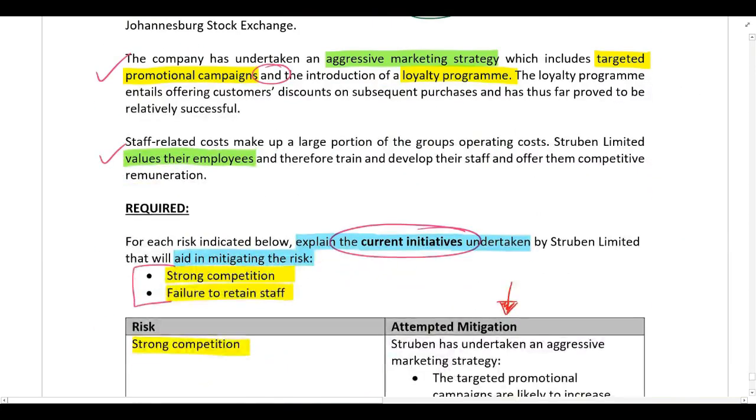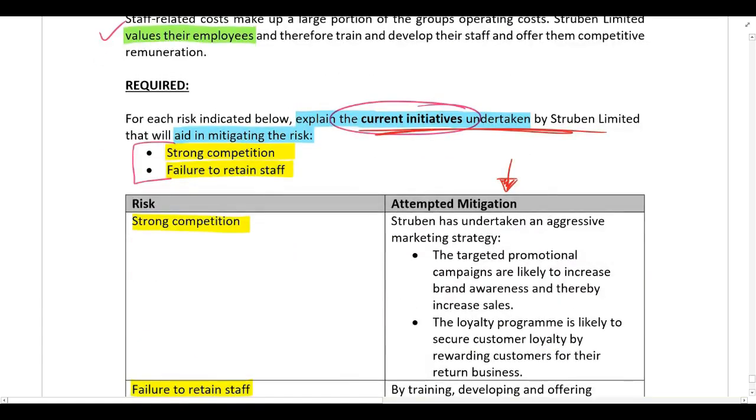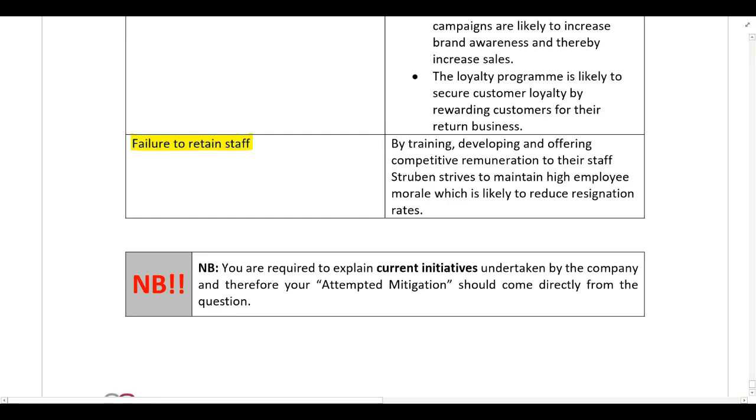In example 3, you need to explain what the company is currently doing in order to mitigate the risk, meaning that this must come directly from the question. So you'll see just below, I've said to you, in this example, you are required to explain the current initiatives that are undertaken by the company. So the attempted mitigation should come directly from the question.